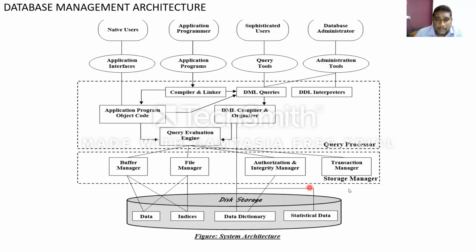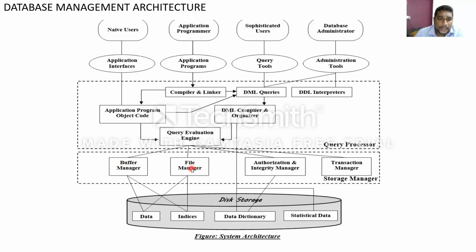And next, coming to the storage manager, it has four components. If it is security mechanisms, then the authorization and integrity manager will perform. If there are transactions with ACID properties, then the transaction manager will perform. If data is coming from secondary to main memory, then the buffer manager will perform.